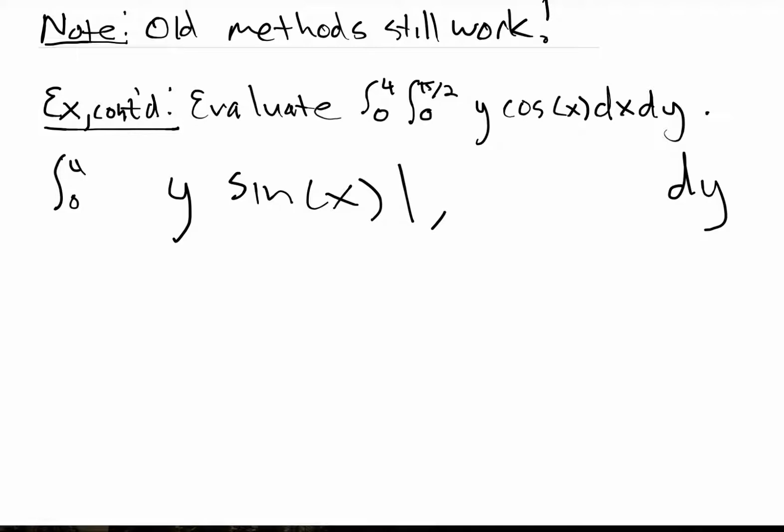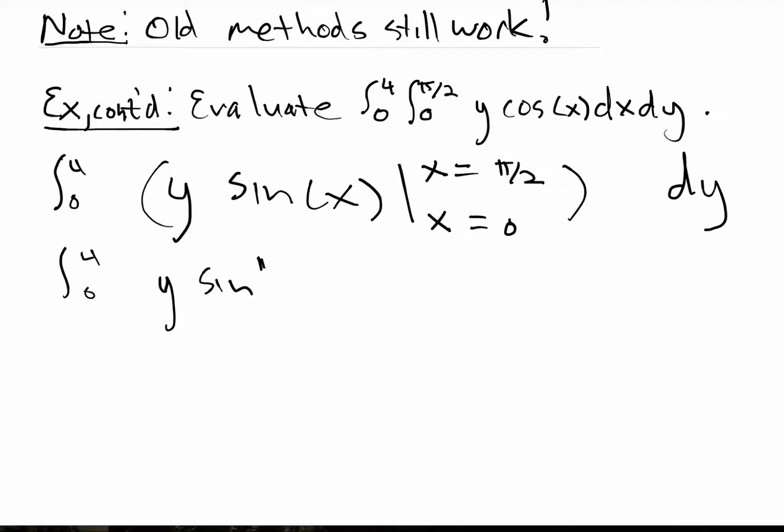And since we just anti-derived with respect to x, I have to keep track of what my bounds were. Okay? So here, I need to clean that up before I can do my next pass of anti-deriving. I'll get y sine pi over 2 minus y sine 0. We said before sine of 0 is 0, so that'll drop off.